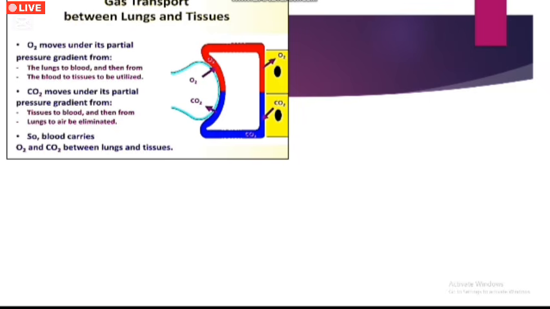So our lecture for today is gas transport. Under gas transport, we want to look at how oxygen is transported, like I said, from the external environment to the lungs, and then from the lungs to the blood, and then from the blood to the tissues.